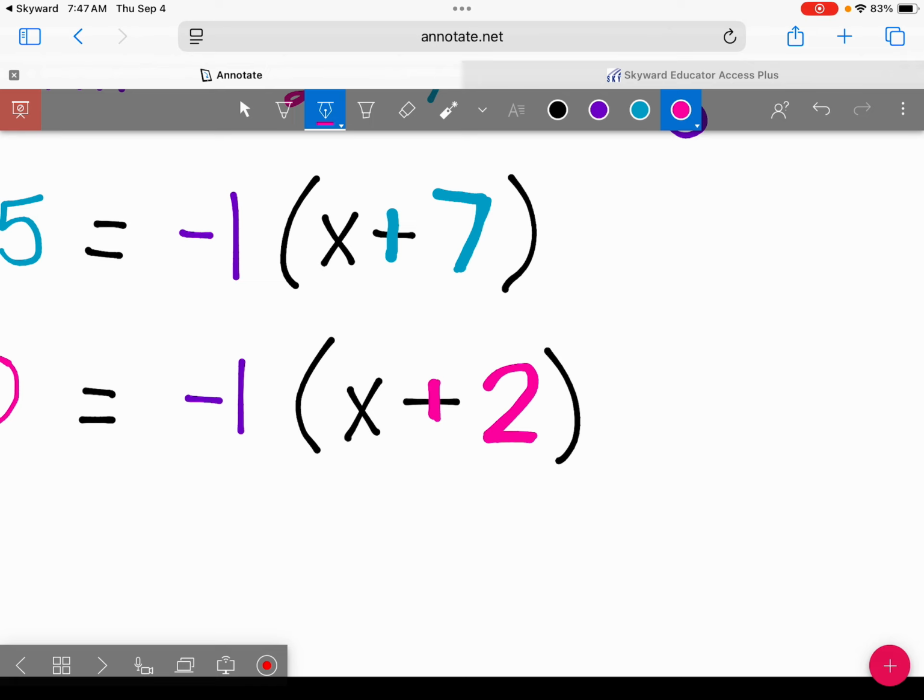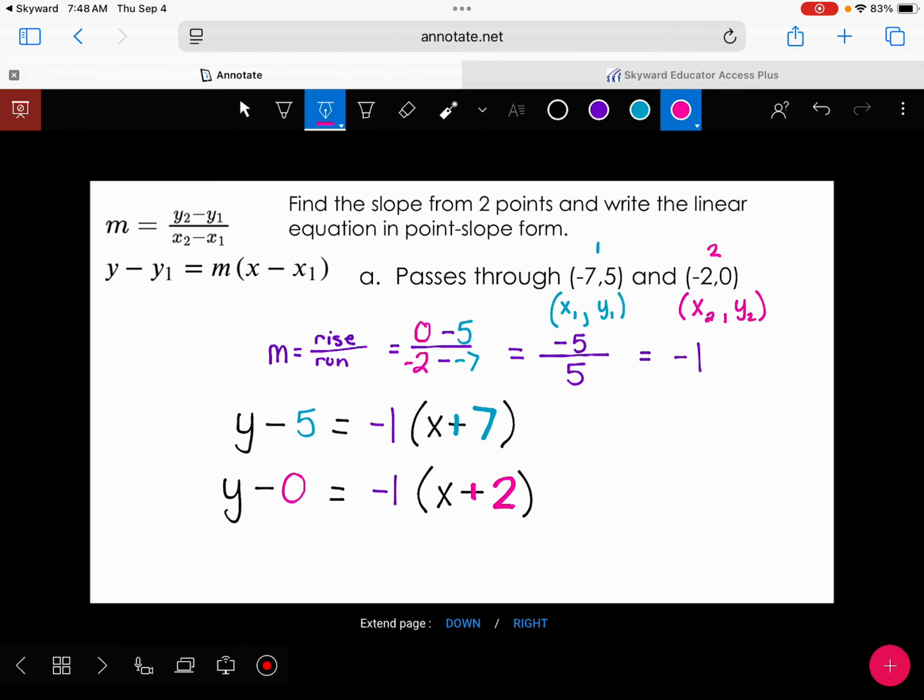You can write either one of those equations. We don't have to simplify right here. We could. This is about a step away from slope-intercept form because we have y minus 0. All we would need to do is distribute the right side, and we're at slope-intercept form because we would have our y by itself.